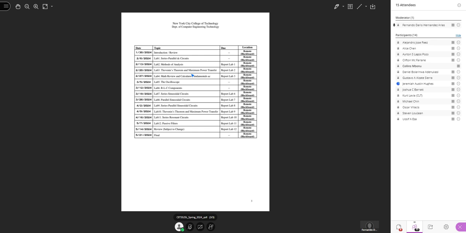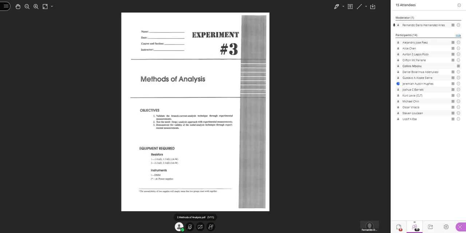Then you will compare those to the ones that you measure on your circuit on the simulator. You may have some small difference, but if you have a big difference, then you have to explain what happened. Why, right? Or maybe you made a mistake. This is one of the main goals here.